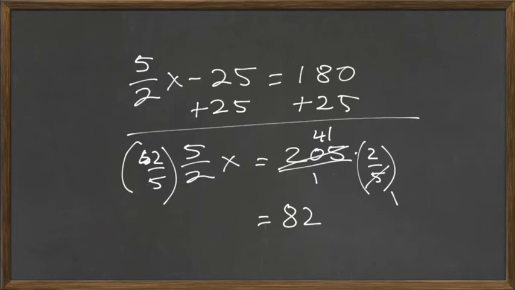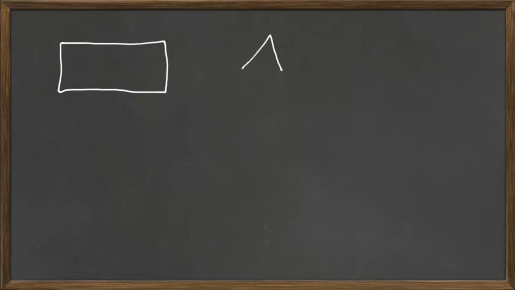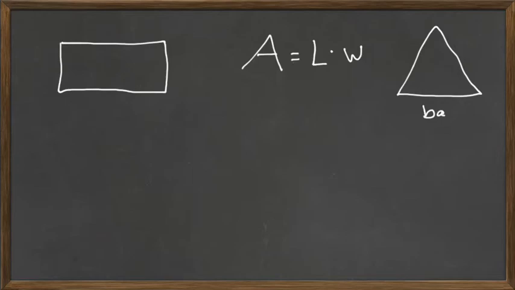Okay, cool. What do you know about rectangles? What is the formula for the area of a rectangle? Base times height, or with a rectangle we usually call it length times width. Base and height are usually reserved for a triangle, where this is the base and here you have the height.